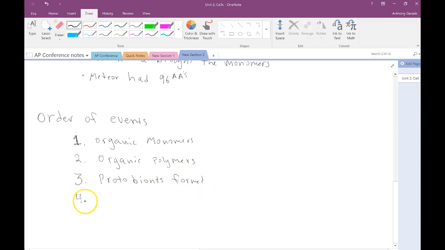And then finally, DNA organisms. That's us. And that's the origin of life, folks. Number 3 says protobionts. That means basically membranes formed.